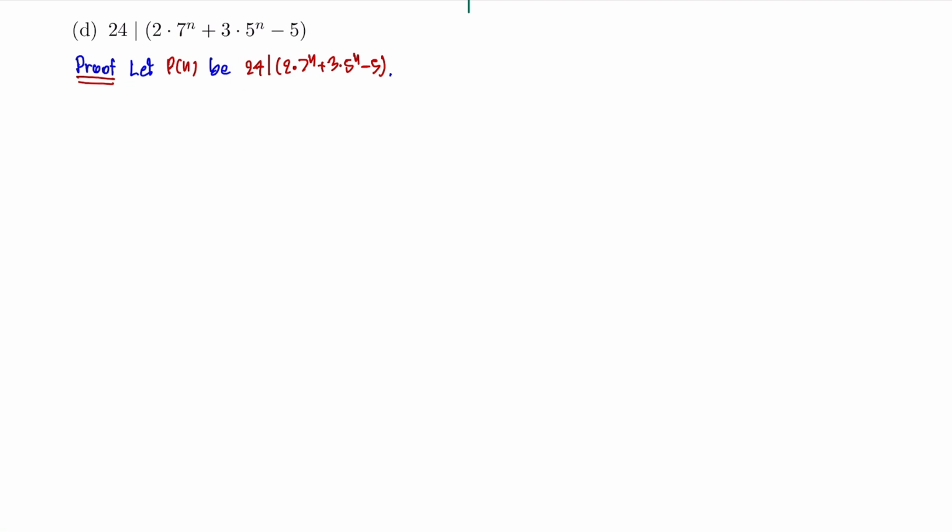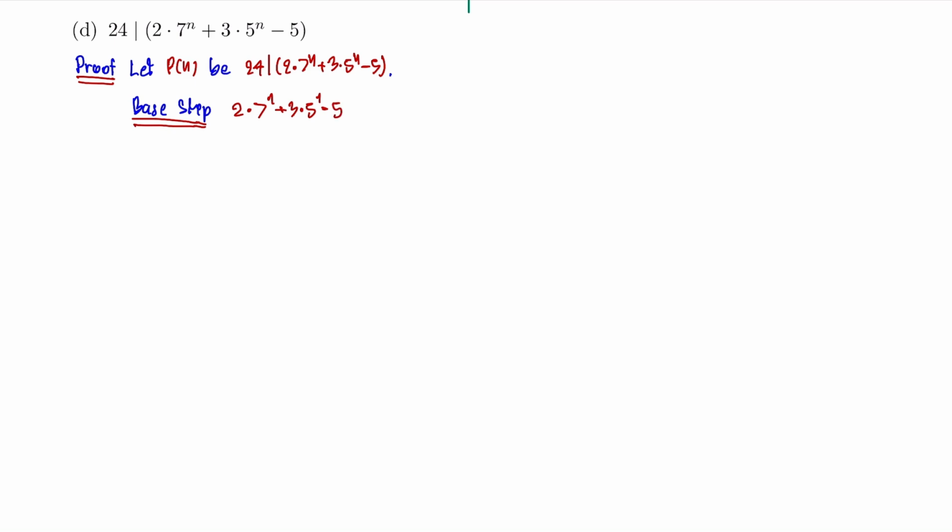So we have to start with the base step. What is the base step? The base step is the step where the case n is 1. So we have to start with 2 times 7 raised to 1 plus 3 times 5 raised to 1 minus 5.